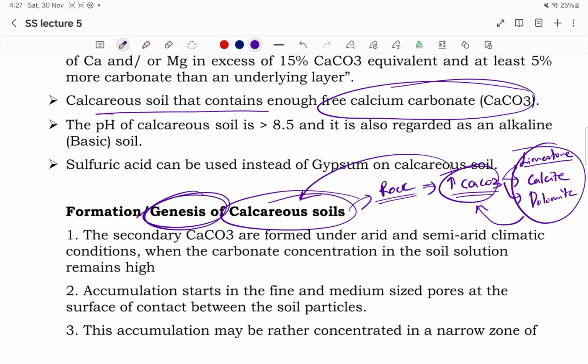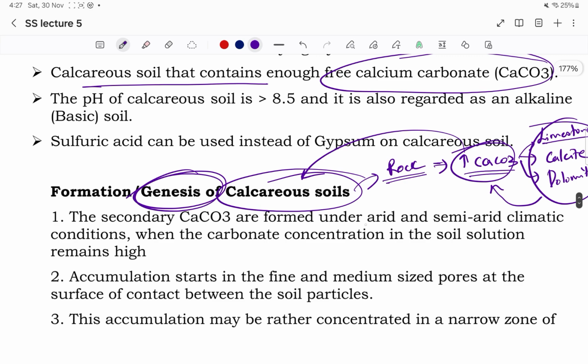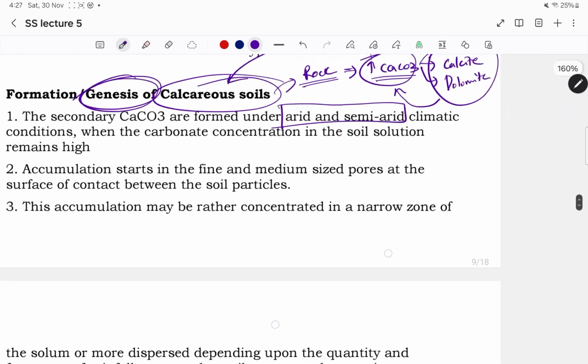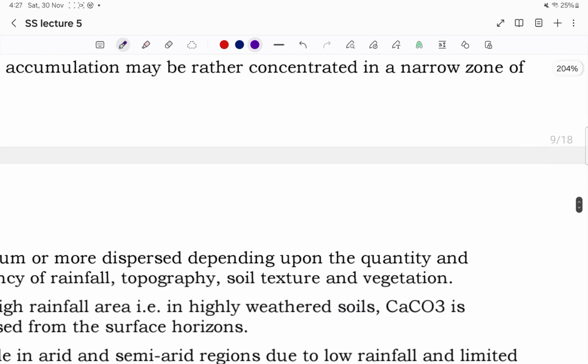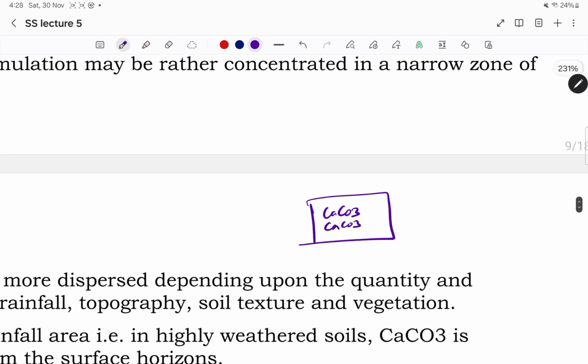One more reason is we can see this calcareous soil in arid and semi-arid regions. Why only in these regions? For example, I'll explain here. This is a soil containing an excess amount of calcium carbonate. Because of the arid and semi-arid region, there will be low rainfall, right?